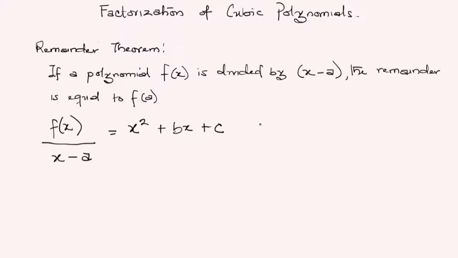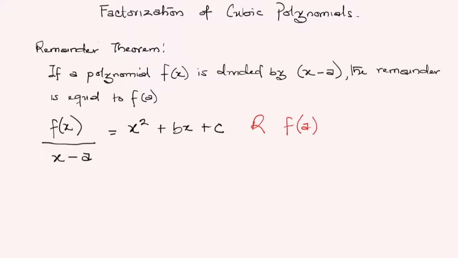But then we would also have a remainder which this theorem proposes is going to be equal to f of a. So we have our f of x. If we divide it by x minus a, we would have a solution which is a quadratic polynomial, and then the remainder is going to be of the value f of a.